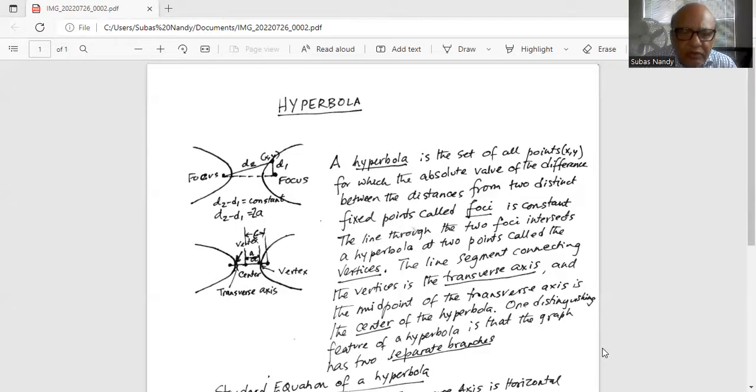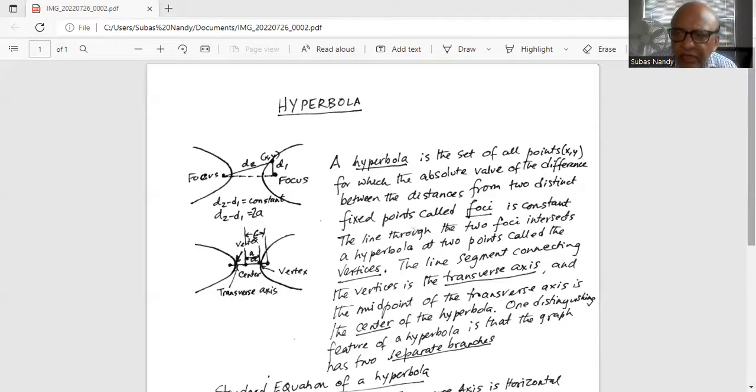You see the center of the hyperbola in the second diagram. One distinguished feature of a hyperbola is that the graph has two separate branches, as you can see, one on the left, one on the right.